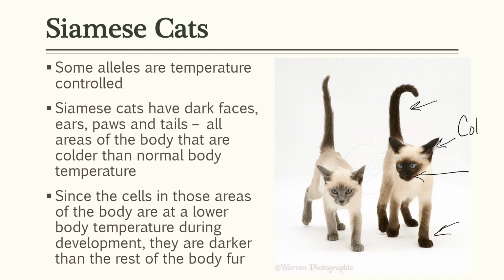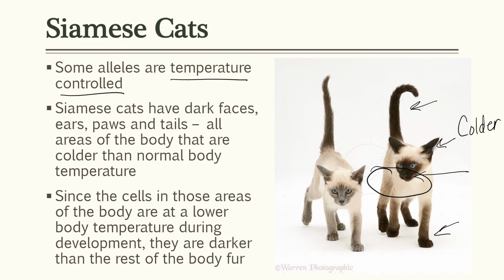Well, they tend to be colder areas of the body. When you look at your core, it tends to be a lot warmer than your fingers. Your nose tends to get a lot colder. Your ears get colder before your stomach gets colder. So this is the case of your genes being temperature controlled. Wherever they have a colder temperature, they're going to have darker fur color.